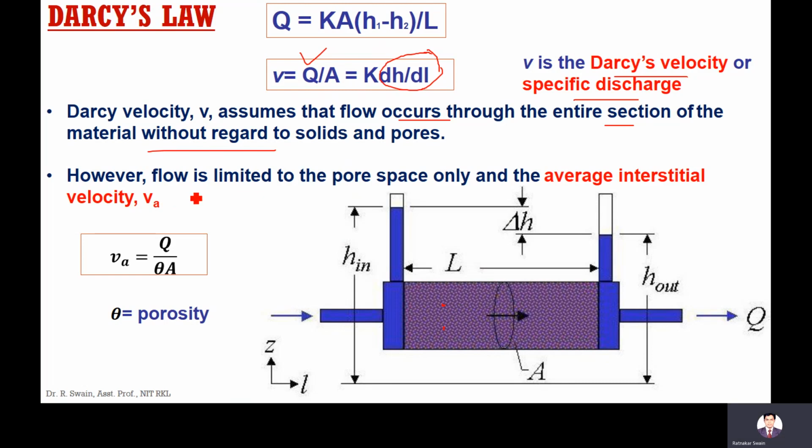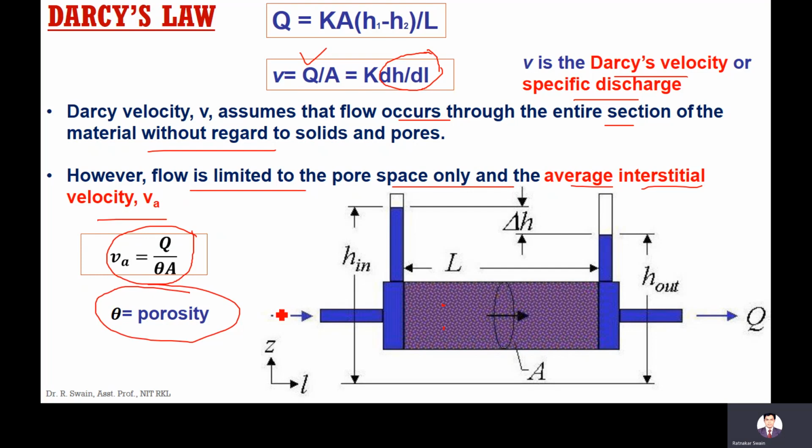Since flow is limited to the pore space only, if we consider the velocity through pores only, then it's called average interstitial velocity. It is also called apparent velocity. It's given by Q by theta A, where theta is nothing but the porosity.